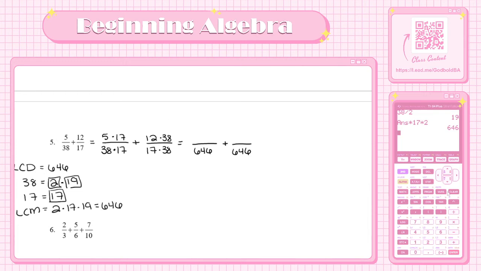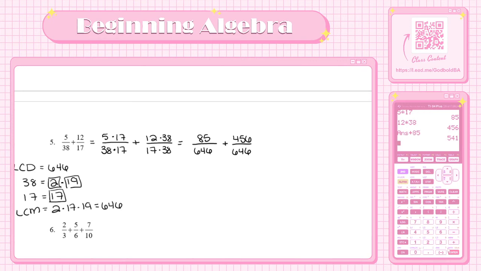So let's do 5 times 17 equals 85. And then 12 times 38. 456. Gosh, I do not want to have to simplify this one. Okay, but we'll do it. Plus 85.